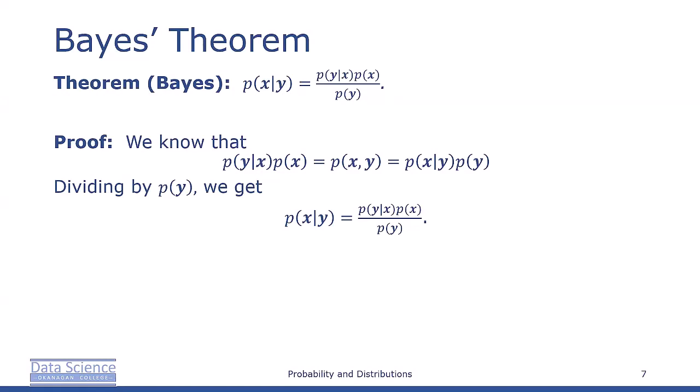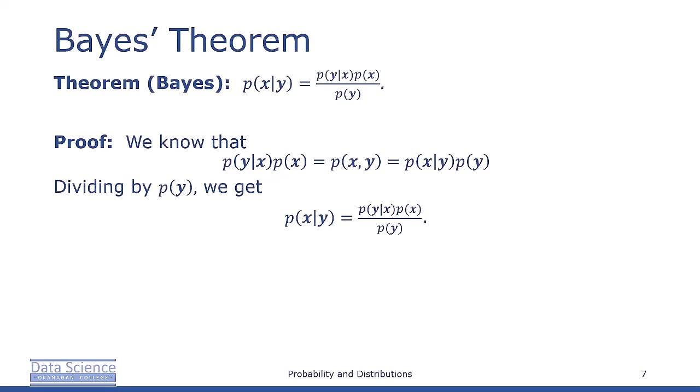In machine learning and Bayesian statistics, we're often interested in making inferences of unobserved latent random variables, given that we have observed other random variables. Let's assume we have some prior knowledge, P of x, about an unobserved random variable x, and that we have a relationship between x and a second random variable y.